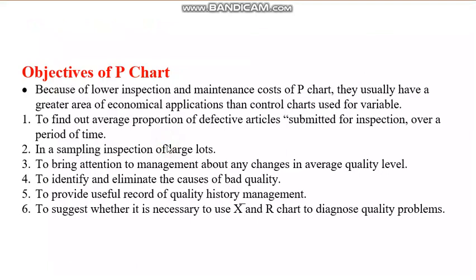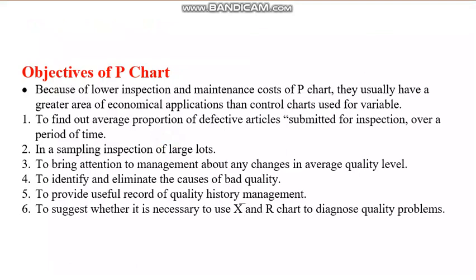Next, what are the objectives of the p chart? Why do we draw the p chart? Remember one thing: for drawing variable control charts like the x bar chart and R chart, we use precision measuring instruments, and it takes time and more accuracy, so more time is required and more money is spent.